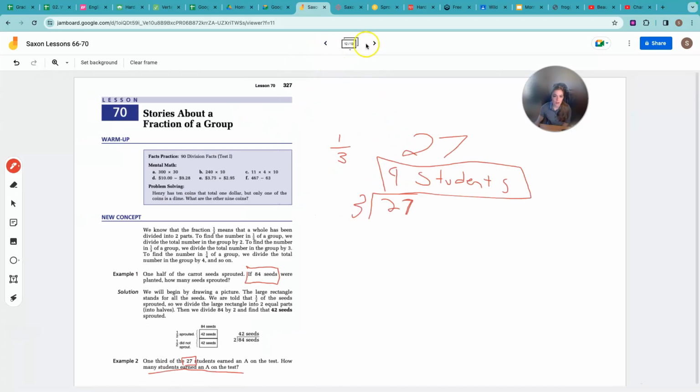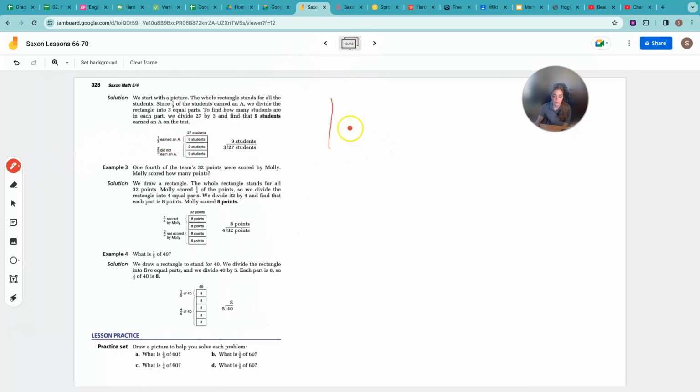The problem we just had, we had 27 divided by 3 equals 9. And 9 students. Now, let's say the problem asks you to draw a visual. So we could do this. We could draw a box, divide it into 3 parts, because that's what we did, right?